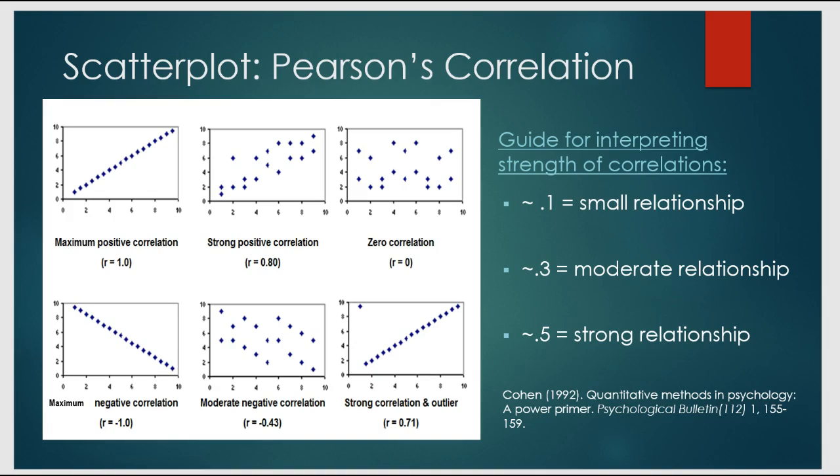A scatter plot simply puts one of these variables on the x-axis and the other variable on the y-axis, and you get this picture of data points that show you how related these two variables are. So this would be a perfect relationship, and this would be a depiction of no relationship.